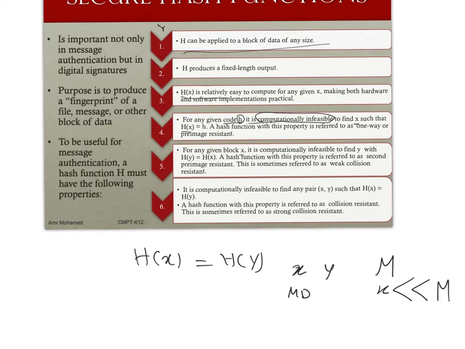The only way you can have absolutely no collision is if k is equal to m. Let's assume these are binary numbers. If you have a length of m, the possible combinations of the message are 2 to the power m.